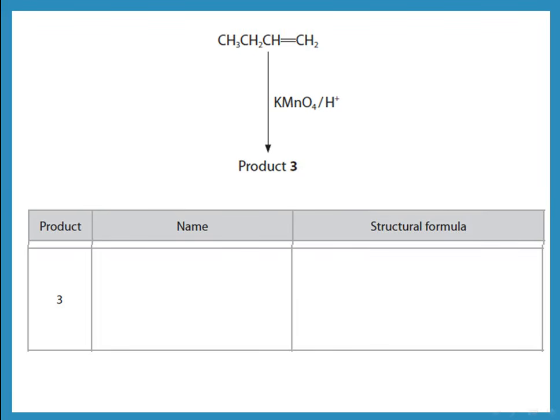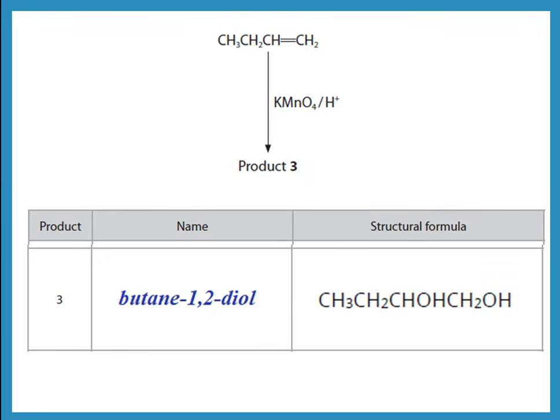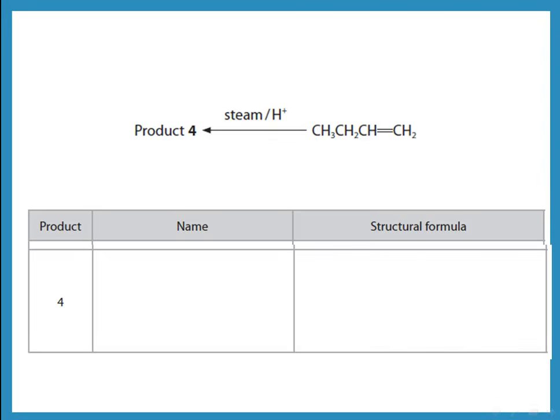Okay, if you have the alkene and you put acidified potassium manganate, remember what happens is the double bond opens up and you put an OH on each carbon. So you get what we call a diol with 2 OHs, and this is called butane-1,2-diol.